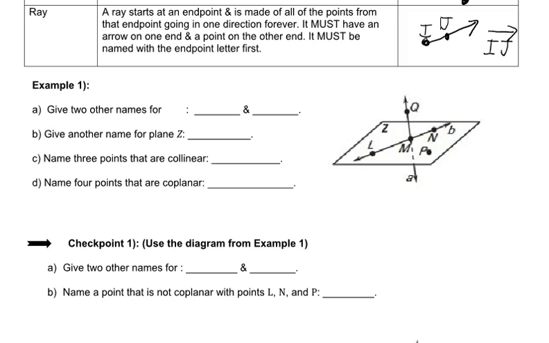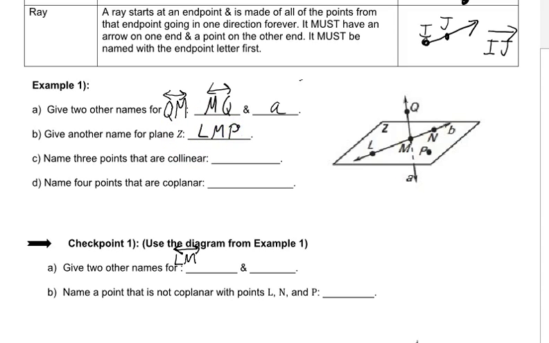So let's look at all this together. In our diagram off to the side, give two other names for QM, line QM. And so we can say line MQ or line A. Give another name for plane Z, plane LMP.